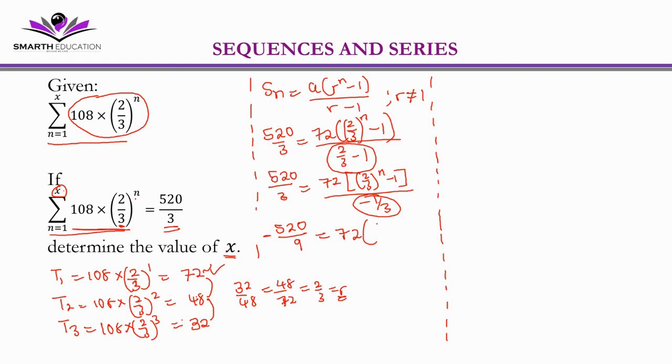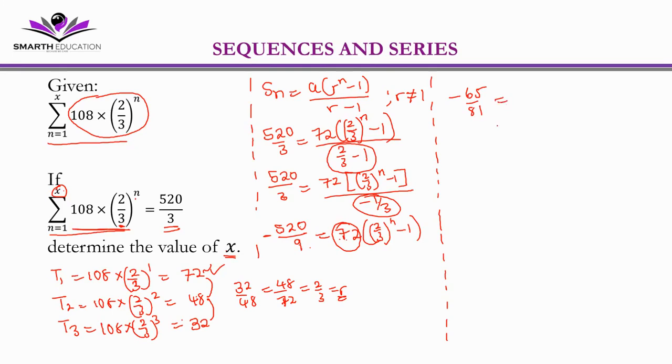Then 2 over 3 to the power n minus 1. And then what can we do here? Divide by 72 on both sides of the equation. If you divide negative 520 over 9 by 72, you'll get negative 65 over 81. Please do that with your calculator.